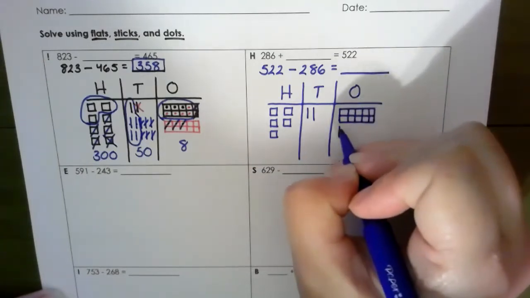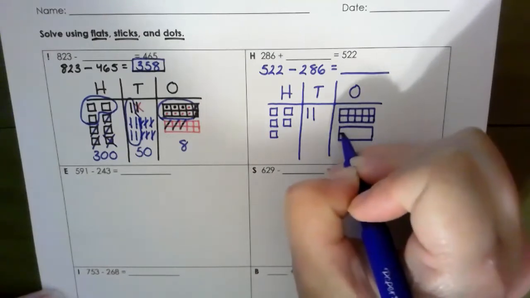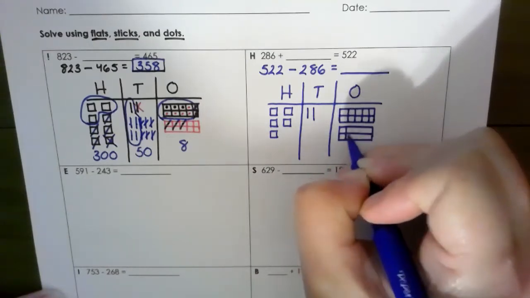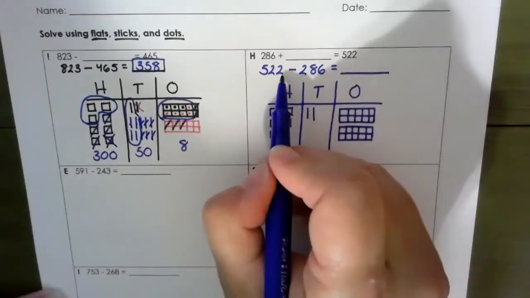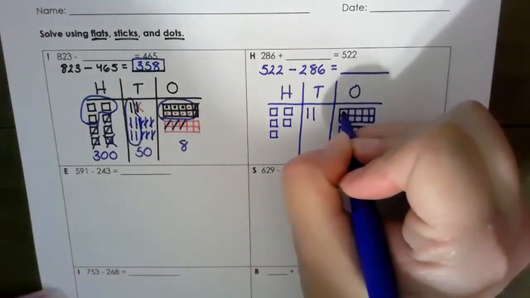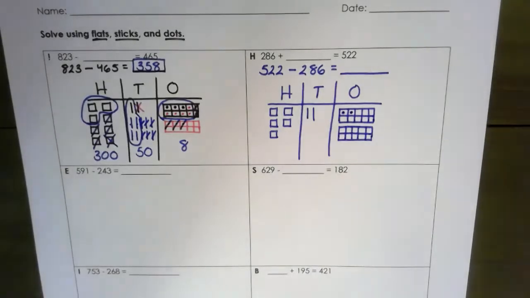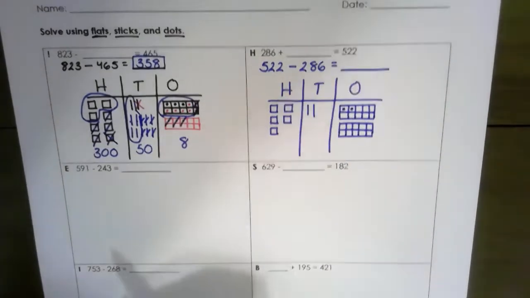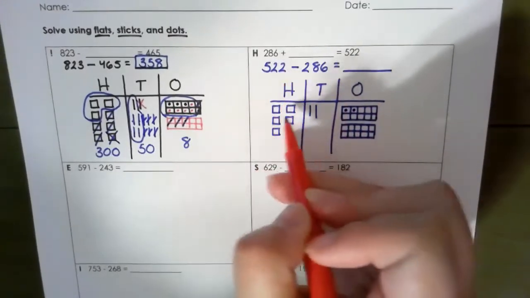And you might want to make another one just in case you need to regroup. Right now, we have 2 ones. So this chart should represent 522.